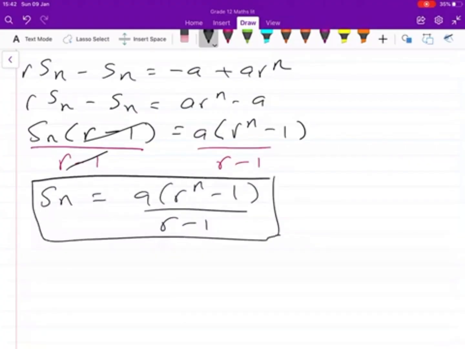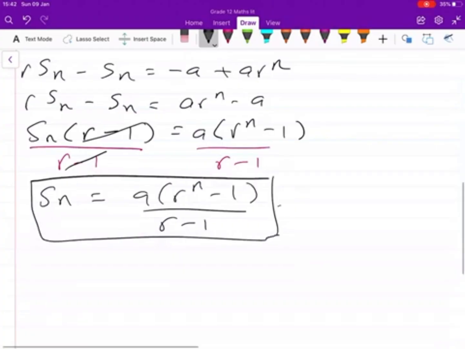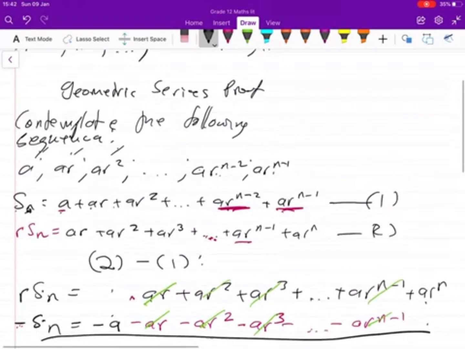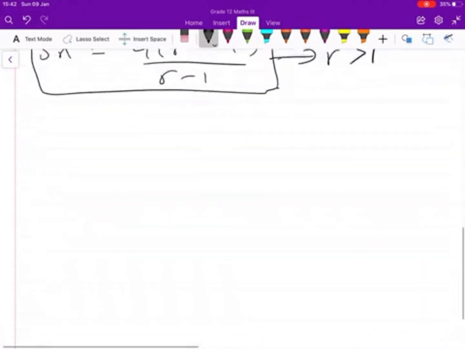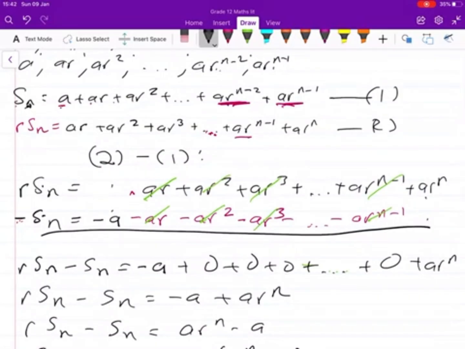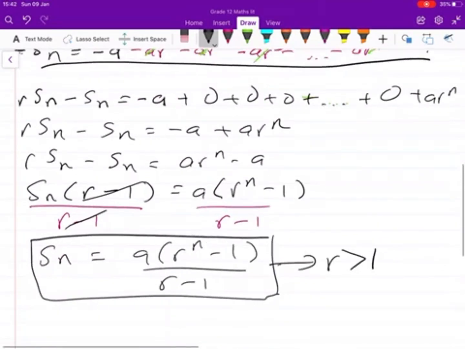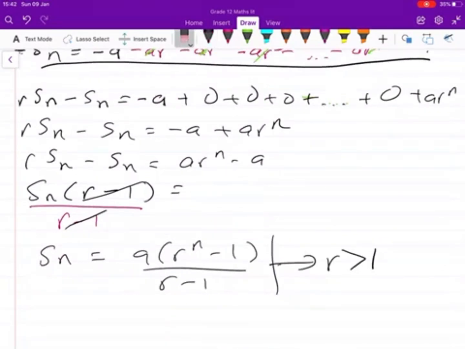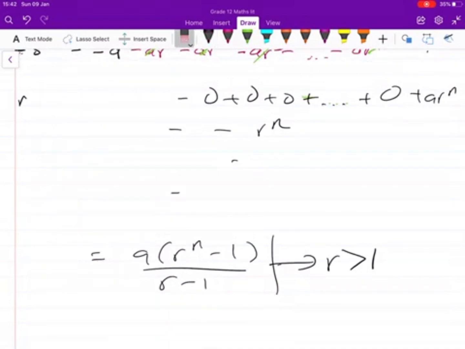All right. This formula, guys, works if you are having R greater than 1. We will now consider the case where R is less than 1, and I will just erase everything here because really it is still the same format, just slightly different.